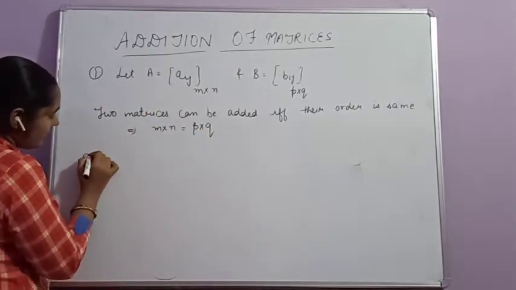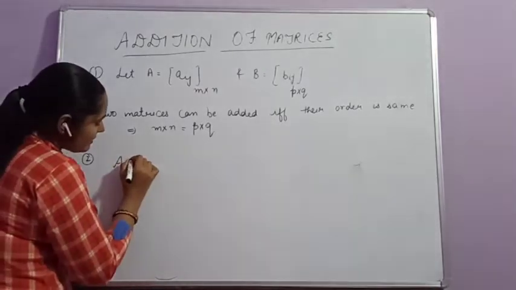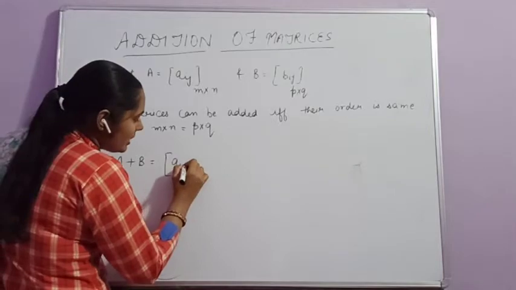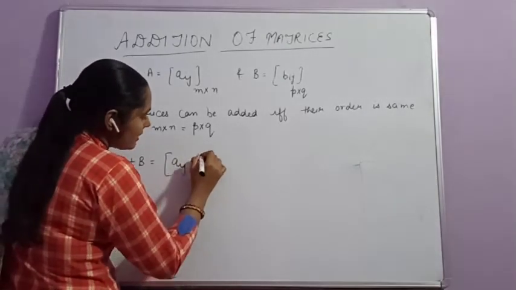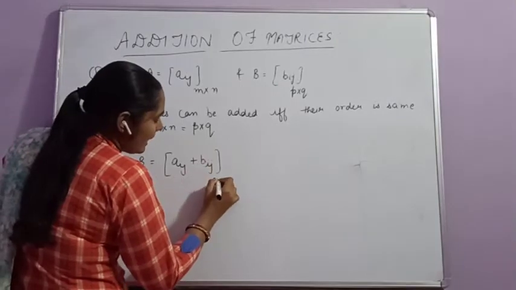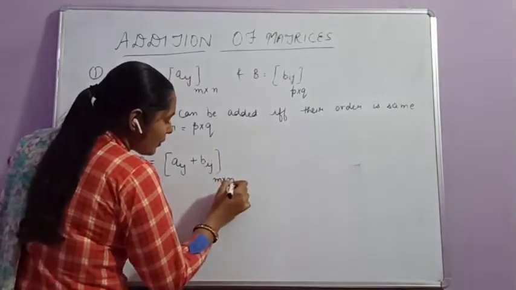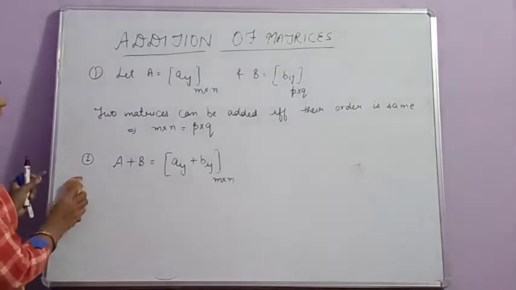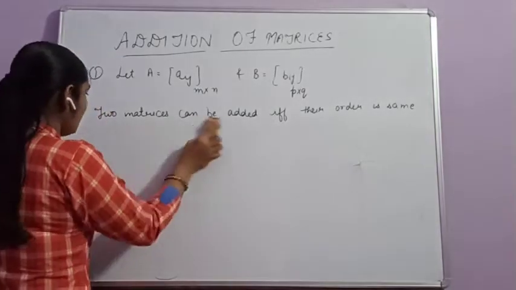Clear? That is, matrix A plus matrix B is equal to a_ij plus b_ij. The order will be m cross n or p cross q, because m cross n is equal to p cross q. Clear? We can take an example.